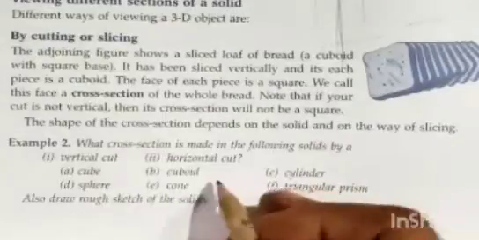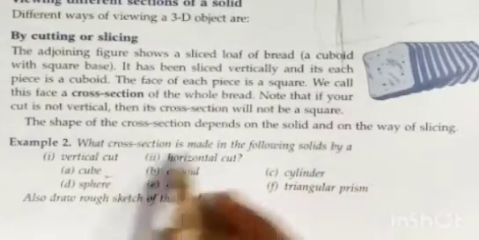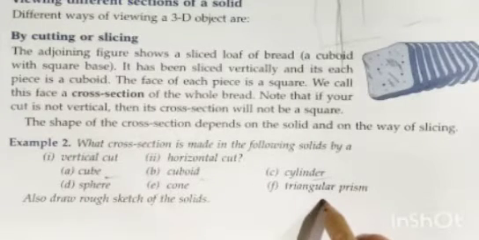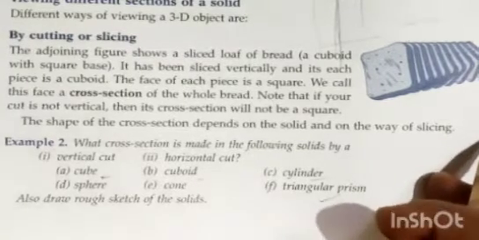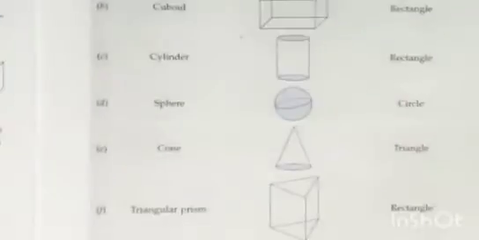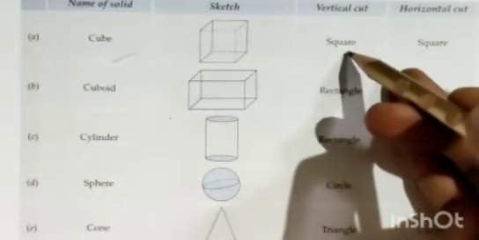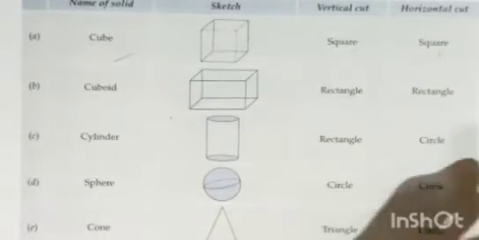Here I have some examples given, children: cube, cuboid, cylinder, sphere, cone and triangular prism. We have to make vertical and horizontal cuts, and accordingly decide how the cross-sectional area will look. Here the pictures are given. For the cube, with a vertical cut the cross section will look like a square, and with a horizontal cut, a square.